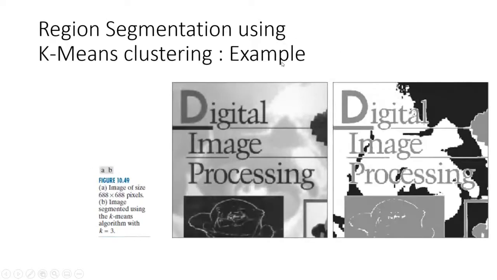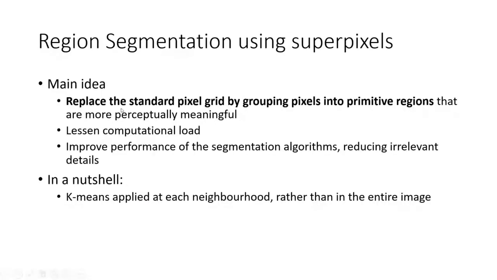So we're talking about superpixels. Basically, the main idea is that I want to replace the standard pixel grid. So what's the standard pixel grid? It's just a matrix of pixels, right? It's no grid. It's just each pixel separately. That's where K-means is working. So I'll replace that by groups of pixels.